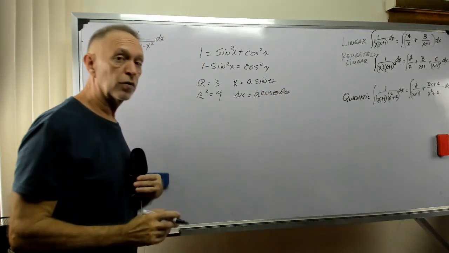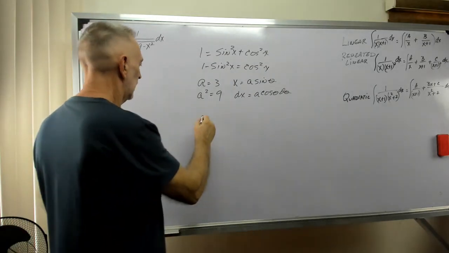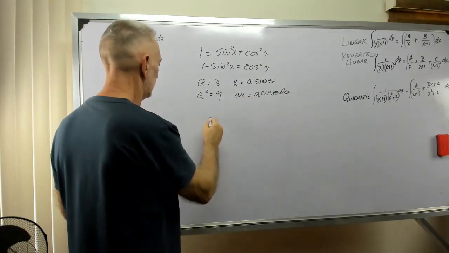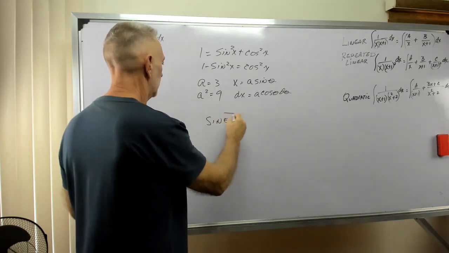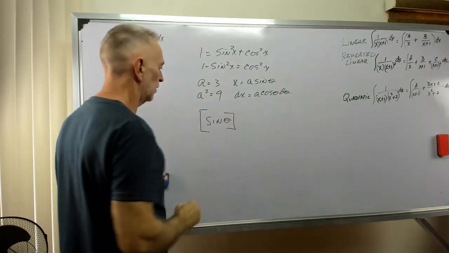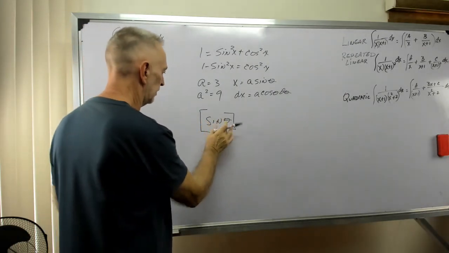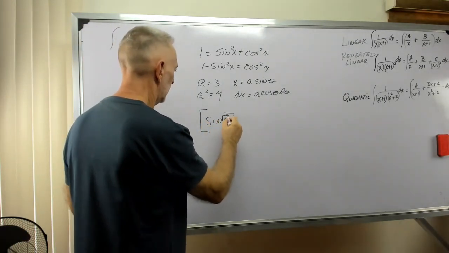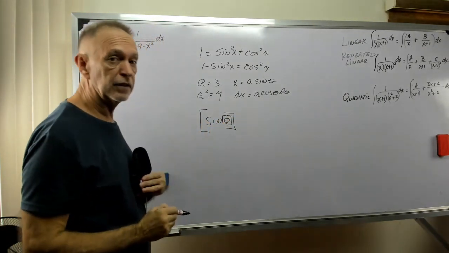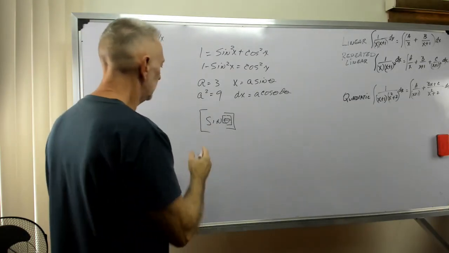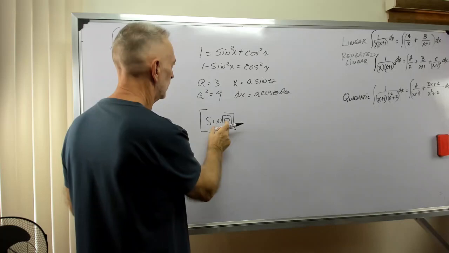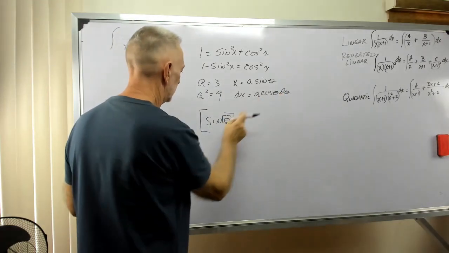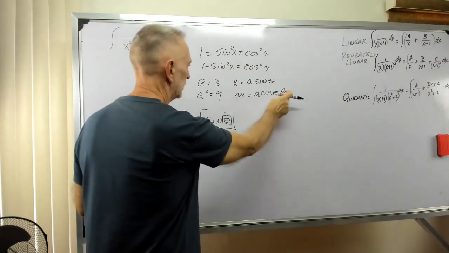You recall the chain rule. I have a function. In this case I had sine theta. Well, that's the outside function. So I take the derivative of the outside function and then the derivative of the inside function. That's the chain rule. So the derivative of sine theta is cosine theta. The derivative of theta is d theta.